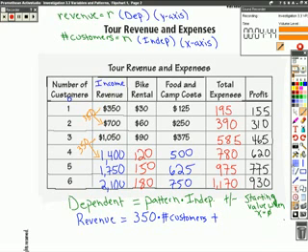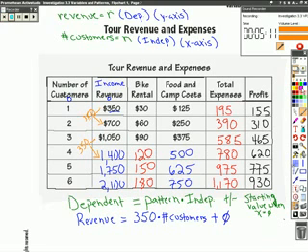If I work the table backwards, when number of customers is 0, so when x equals 0, my income is going to be 0, because I would be at 350, and I would need to subtract 350 to work the table backwards instead of adding. So I subtract it, I'll get 0. So plus 0.